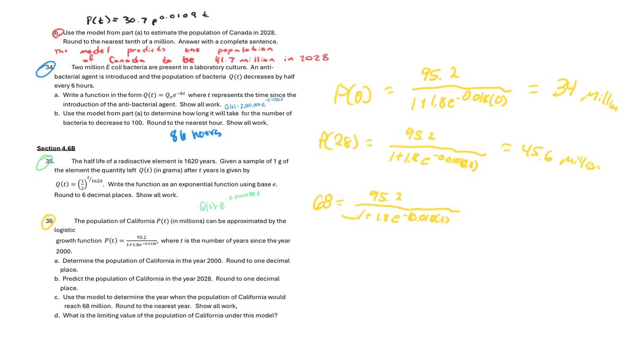So I'm going to multiply across and then divide. So we have 1 plus 1.8 e to the negative 0.018 t is equal to 95.2 over 68.